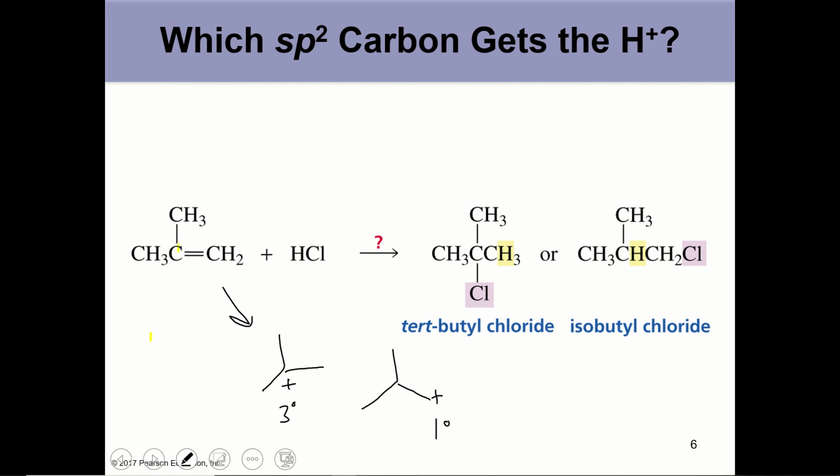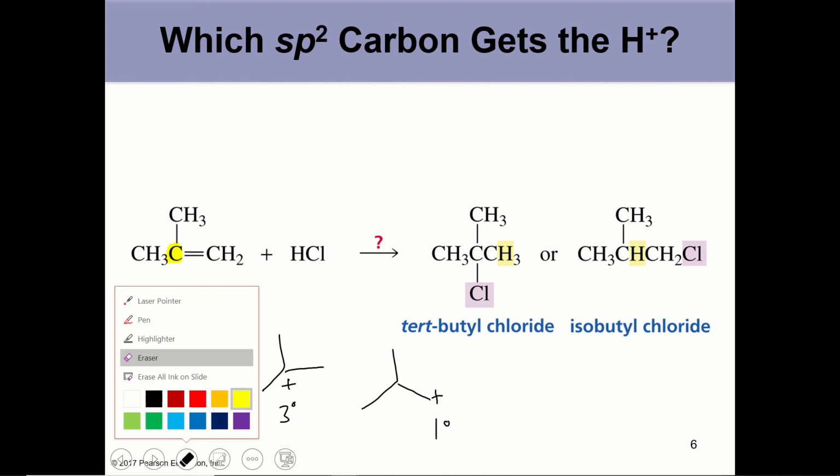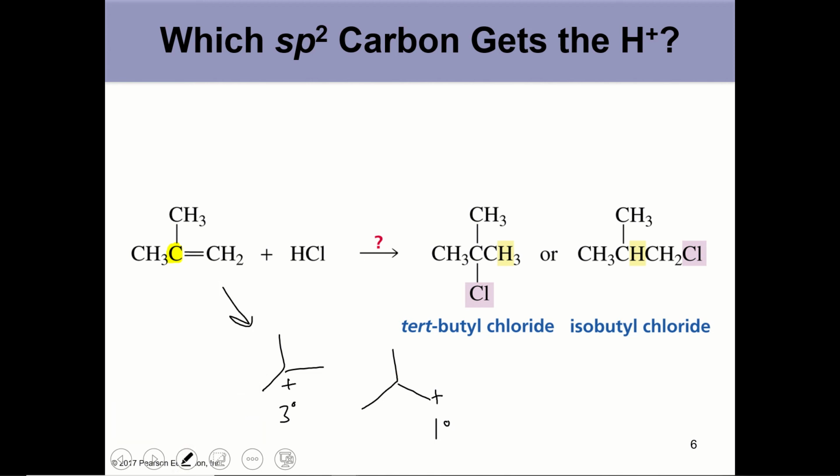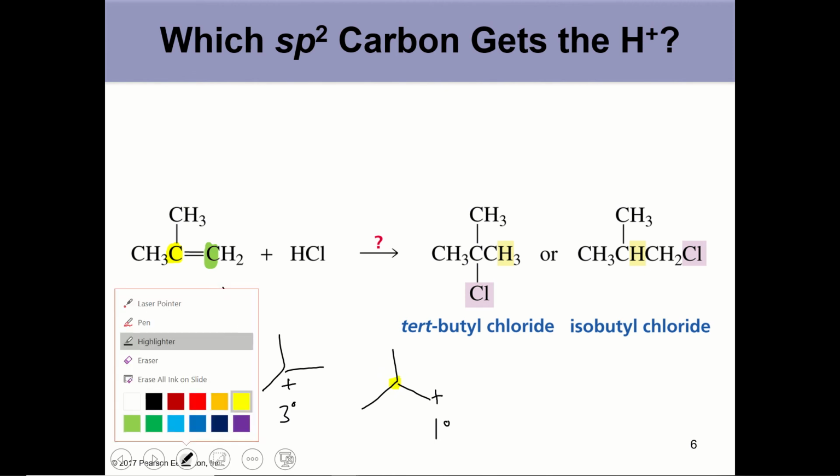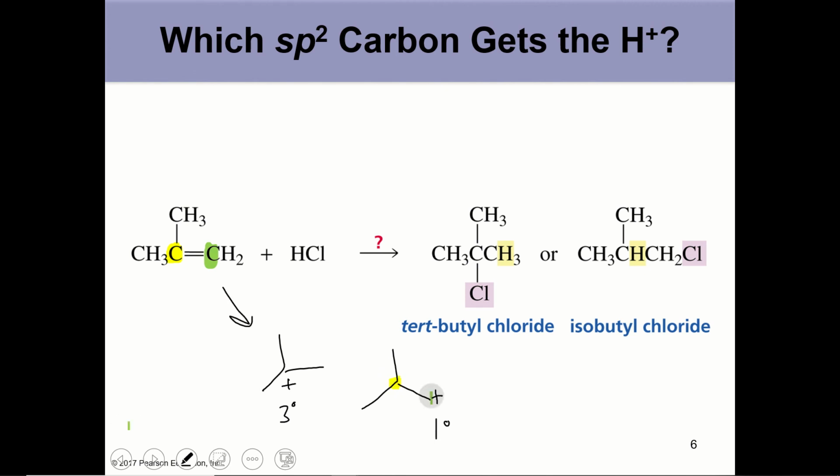So we have a green carbon and a yellow carbon. If the yellow carbon gets a new bond to hydrogen, then the green carbon becomes a primary carbocation. If the green carbon gets a new bond to hydrogen, then the yellow carbon becomes a carbocation.